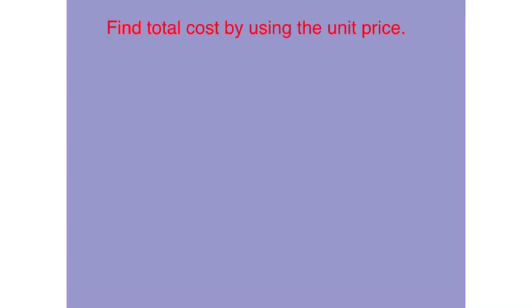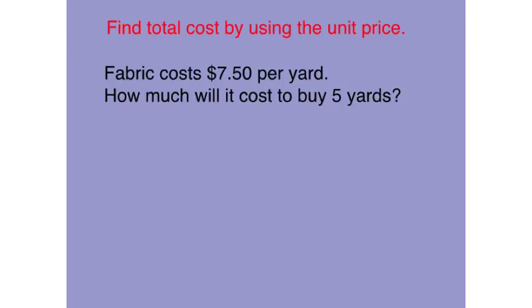The last concept we're going to talk about is total cost. We're going to find the total cost of an item by using the unit price that is given to us in the problem. Fabric costs $7.50 for 1 yard. I want to buy 5 yards of fabric. So how much will it cost to buy 5 yards of fabric? In this instance, I'm going to multiply. I already know what my unit price is.